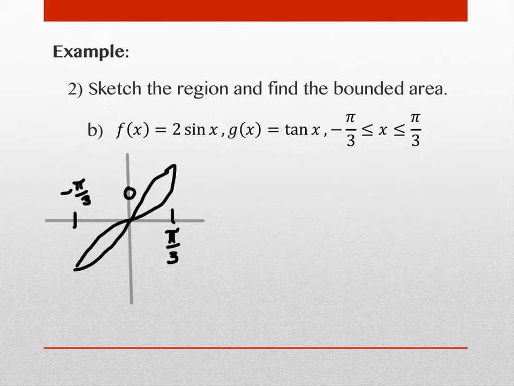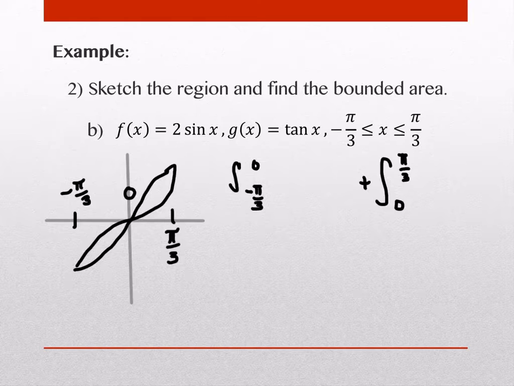All right, so the integral that we're looking at here is going to go from negative pi thirds to 0. And then we're going to add what happens when we go from 0 to pi thirds. And of course, we're all going to recognize that this is going to give us the same value twice because this graph is symmetric. And then this is the case where you could figure out which graph's on top and which one's on bottom if you'd like. That's fine. Or you can say it doesn't really matter because all I'm going to do is take the positive part anyway. So I'm going to use some absolute values.